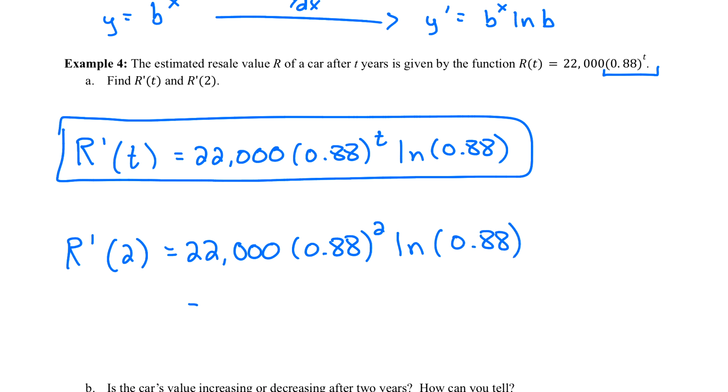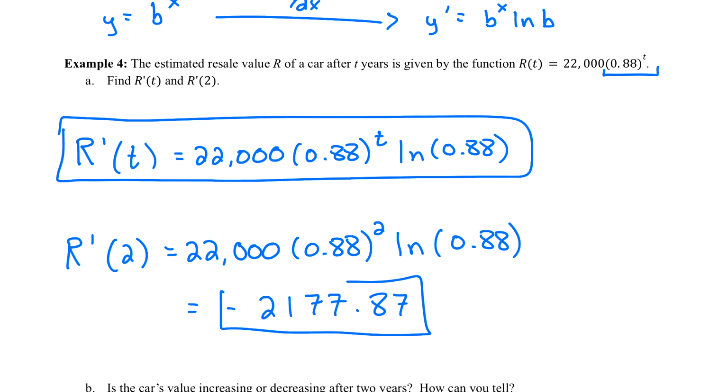Here we will probably want to have our calculators help us out, get a decimal approximation. I ended up with negative 2,177.87. I'm going to round to 2 decimal places since we're most likely talking about dollars and cents. So R prime of 2 is negative 2,177.87.